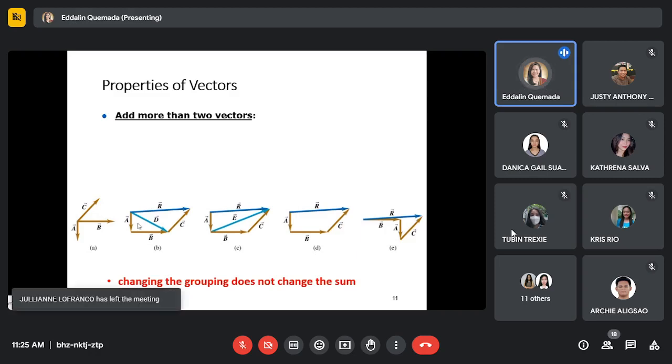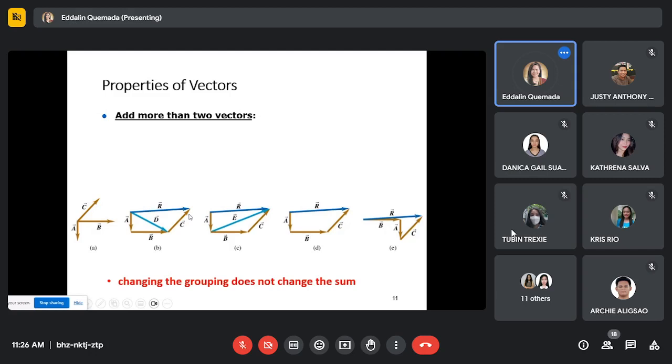A plus B. We add A first, then we plot B, and this time before we plot vector C, we get first the resultant of vectors A and B. So A plus B, we get here this given resultant, which is D. And this time, the resultant of A and B, which is D, we add now the third given vector, which is vector C. The overall resultant is indicated as R, the resultant vector or the overall sum of the vectors, that is still directed here in the direction north of east.